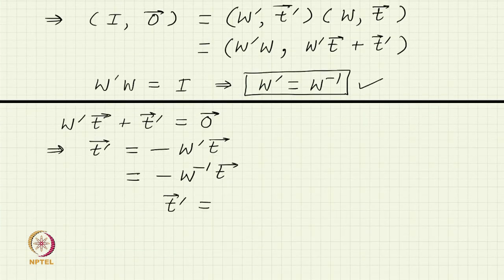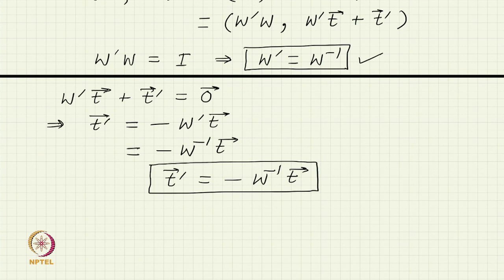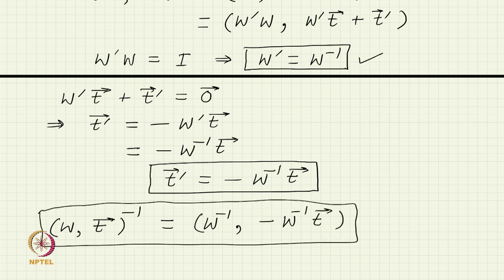So, if you combine these two results, you can write the inverse of W T as w inverse, comma, minus w inverse t in the Seitz notation. So, that gives you the inverse. Now, all this may look a little abstract, but as we do some examples and use them, things will start becoming a little bit clearer.